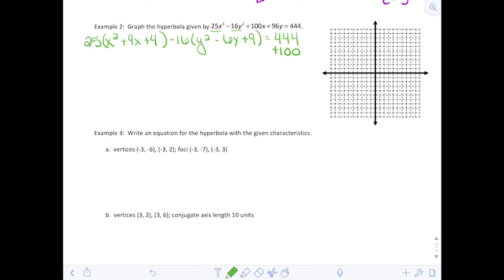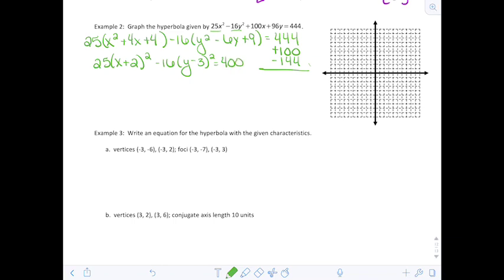So I'm also going to subtract 144. So now when I simplify the left, I have 25 times x plus 2 all squared minus 16 times y minus 3 all squared. And that is equal to, I'm going to add 444 plus 100, which is 544, and then subtract 144, and that's 400.